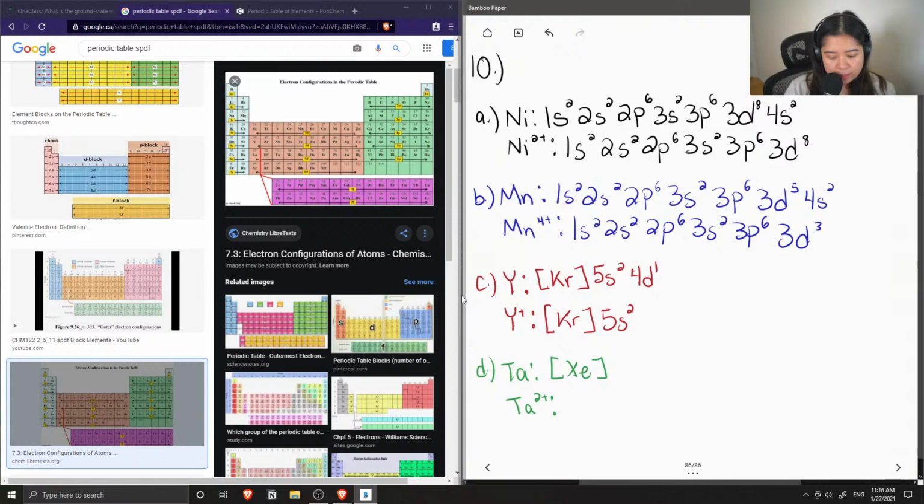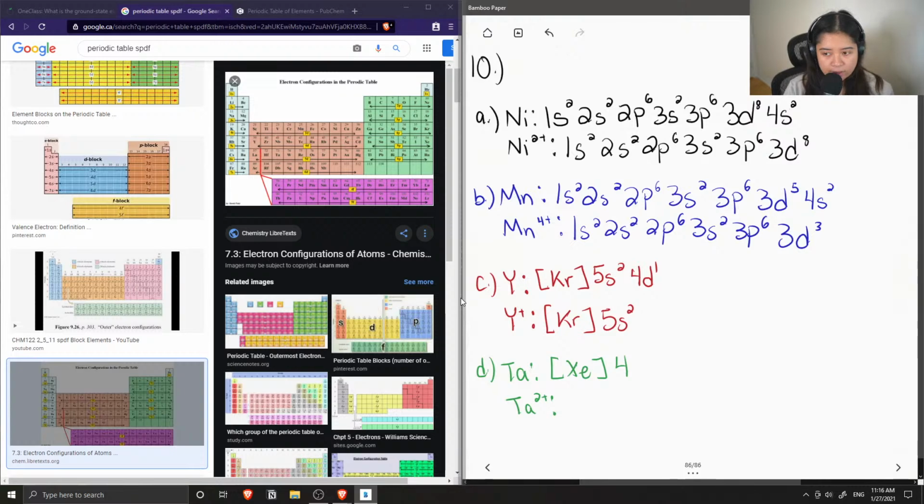So in this case, let's write out our 4f first. So also, the F block is inserted where this red line is. So we also have to take that into account when writing out our electron configuration.